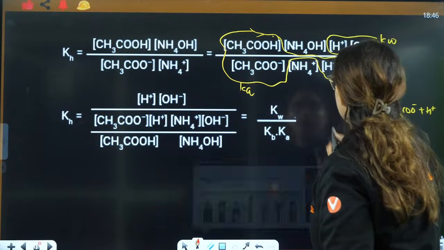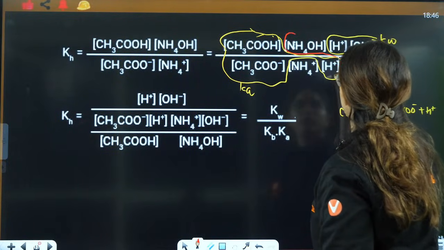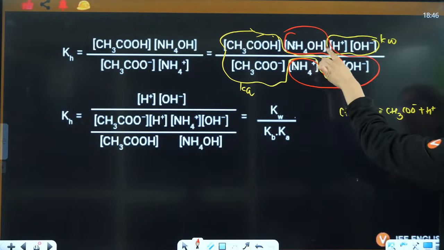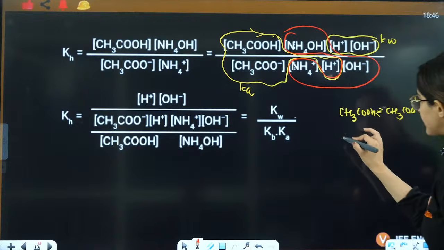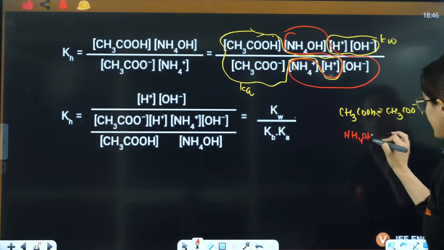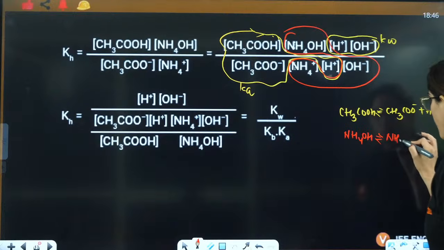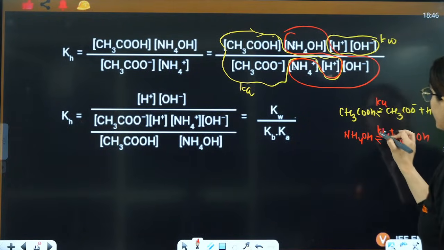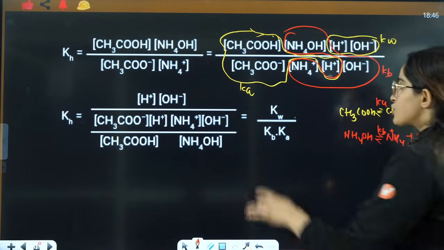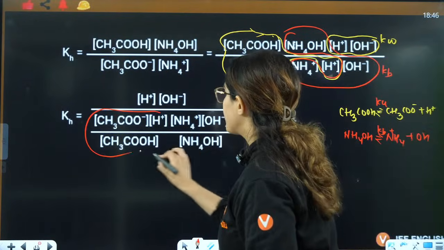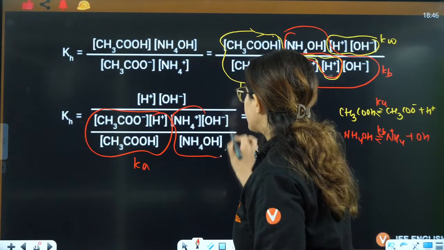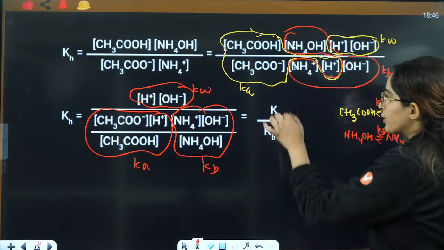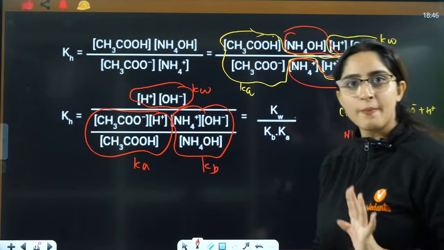And this thing, NH4OH, is actually NH4OH dissociating to give NH4 positive and OH negative. This is Kb. So this is becoming Kb. So if you see, this is nothing but Ka, this is nothing but Kb, this is nothing but Kw. So the answer is going to be Kw by Ka into Kb.